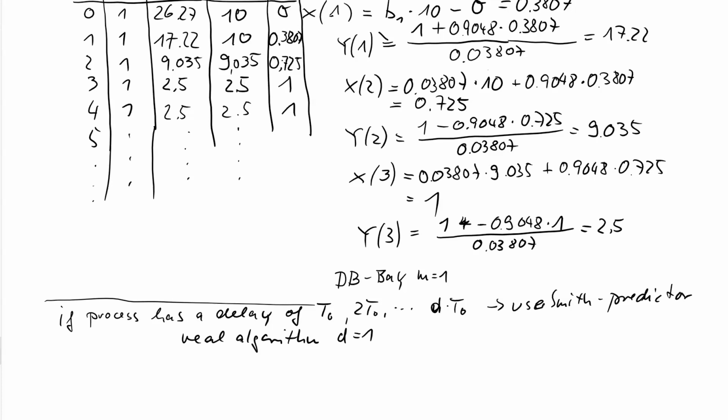Note that in WinDF, in my simulator, this real and ideal algorithm is automatically switched. There is no change of the D value necessary. It's automatically done if you click between ideal and real.